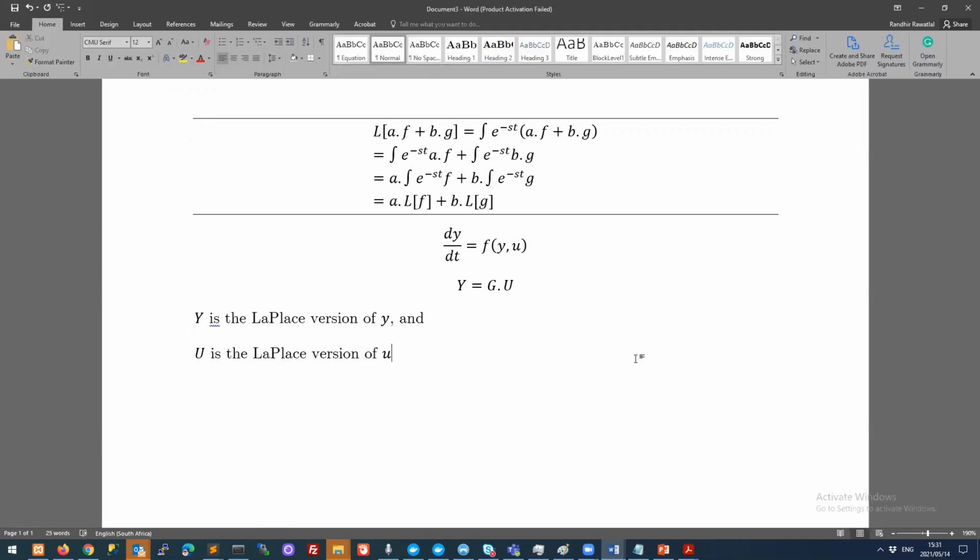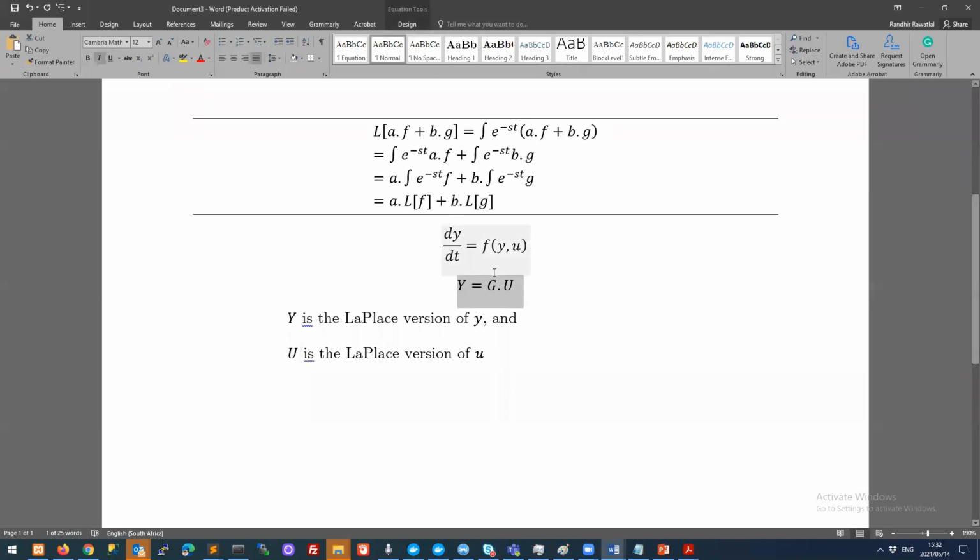And in a way, you have to take this on faith for now, that if you are able to create a function like this one, then we can do all kinds of analysis, right? The moment we can get it to this form, a tremendous amount of analysis is available to us.